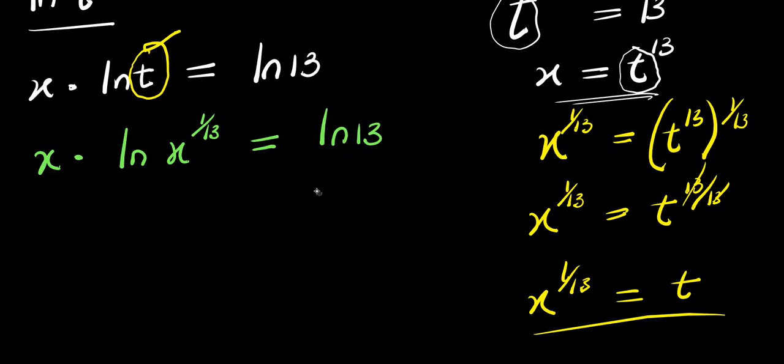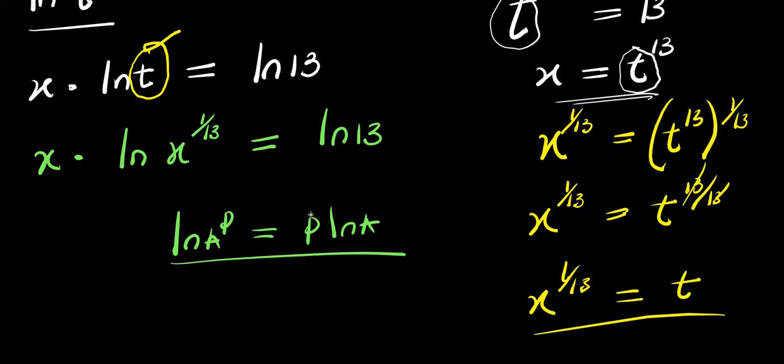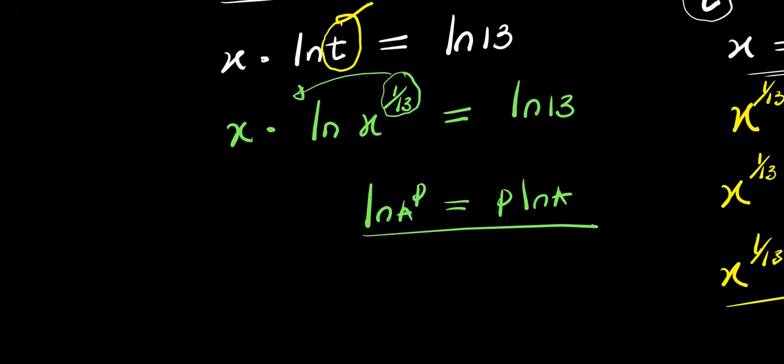Now, if you have ln a power p, this equals p times ln a, right? So this will definitely come behind this. And that means I'm going to have x times 1/13 times ln x equals ln 13.